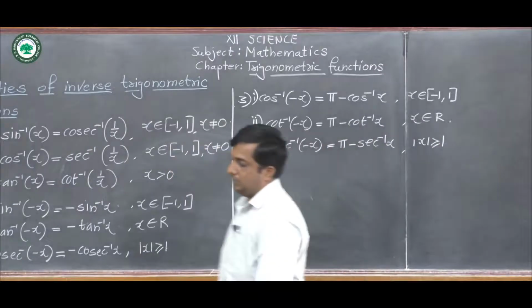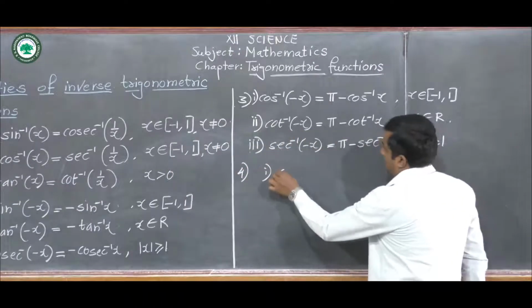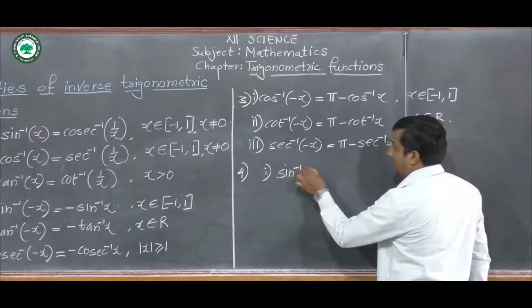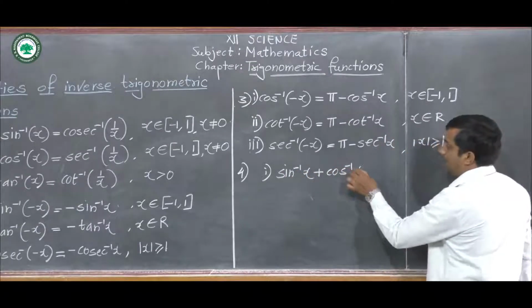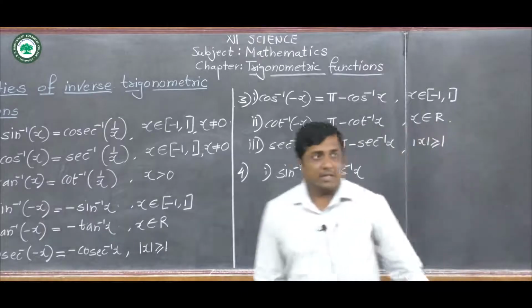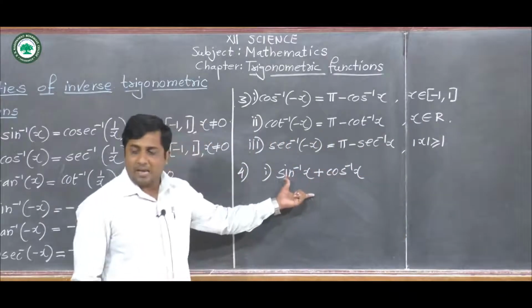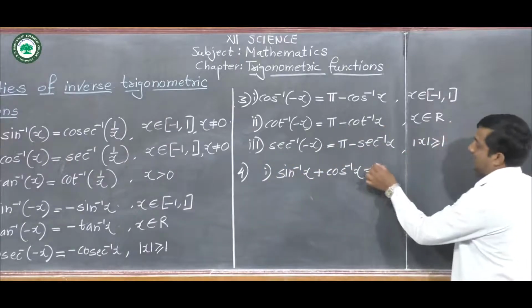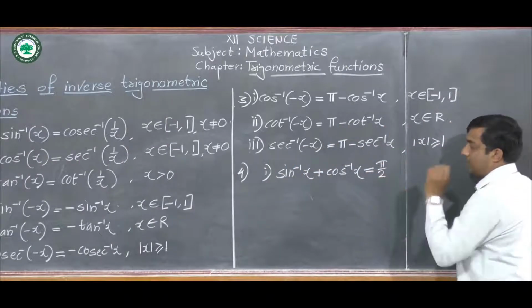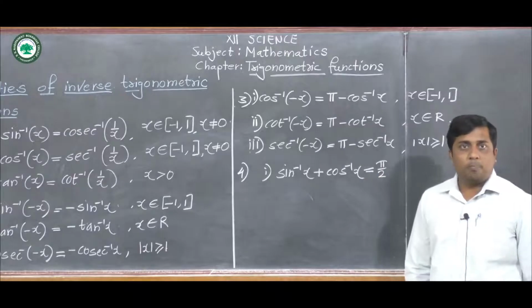Okay, let's go with the fourth property. Here, in the first, given sine inverse of x plus cos inverse of x, remember, this is equal to pi by 2.